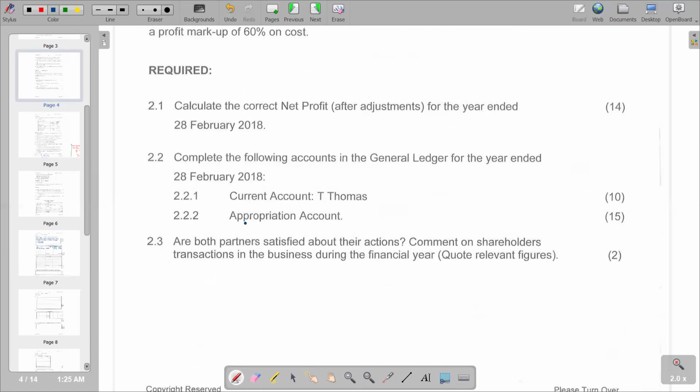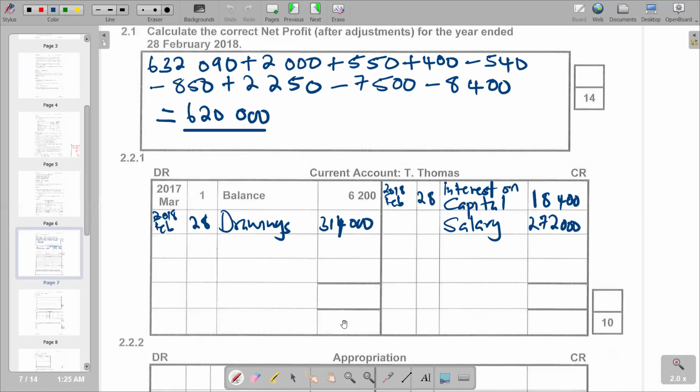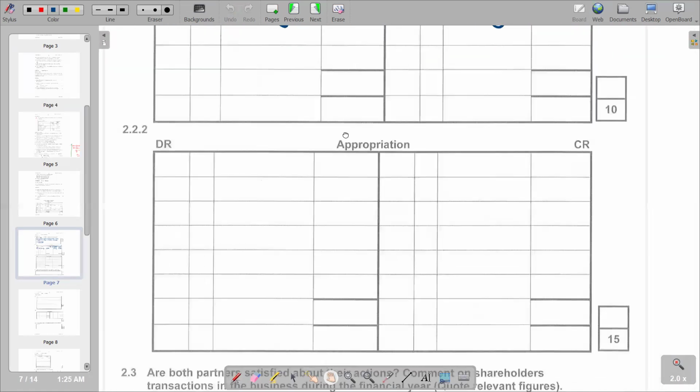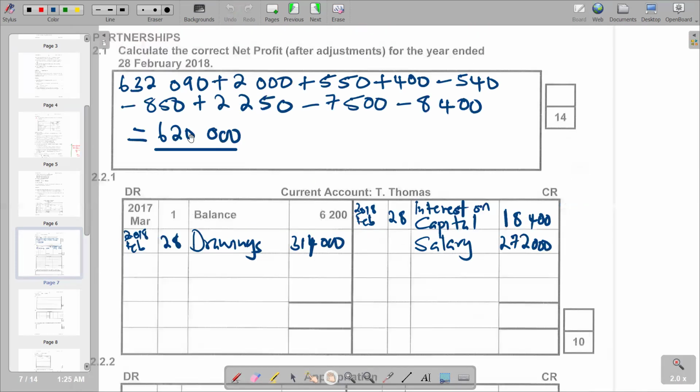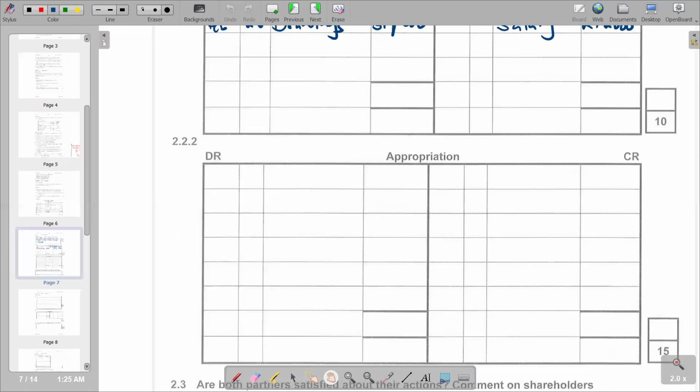So we can leave it for now, and come back and go to 2.2.2, which is now going to be our appropriation. On our appropriation, we are going to start by entering our profit and loss figure, which is the profit for the year which we calculated. Remember, we got it as 620,000. So it's supposed to come here.